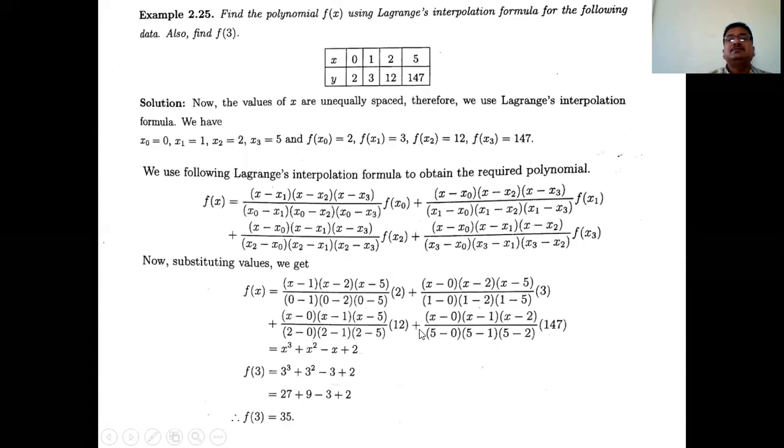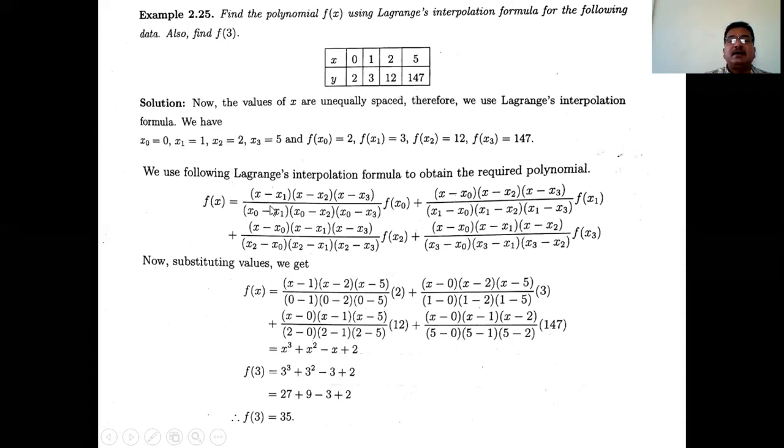The next question: find the polynomial f of x using the Lagrange's interpolation formula for the following data. Also find f of 3. So again, the same type of problem. The values of x are given, 4 in number, so write x0, x1, x2, x3 as these values of x, and the values of y or f of x are 2, 3, 12 and 147.